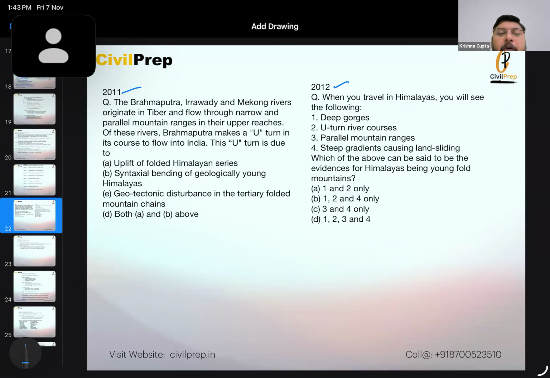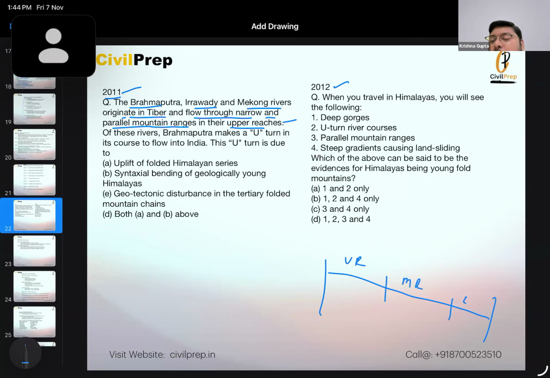So what we see here, the 2011 question: the Brahmaputra, Irrawaddy and Mekong rivers originate in Tibet and flow through narrow and parallel mountain ranges in the upper reaches. If we look at any river, we have three types of system here. In a river system, we have upper reaches, we have middle reaches, and we have lower reaches.